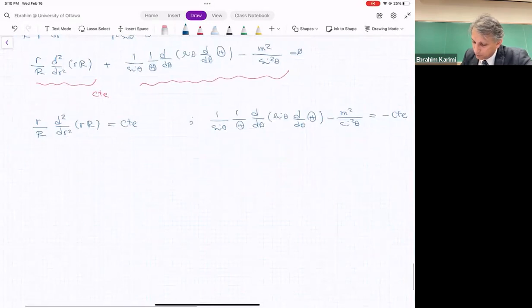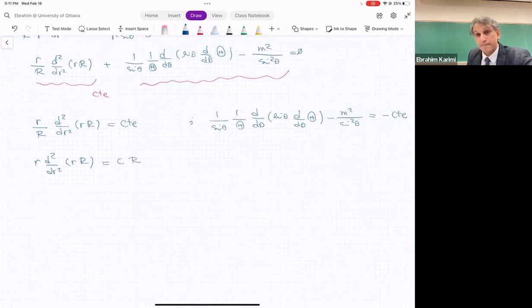Let's expand it. So you will get r d2 dr squared of r capital equal to a constant times r capital. Do you agree, guys? And dividing both sides again, or you can do the expansions.